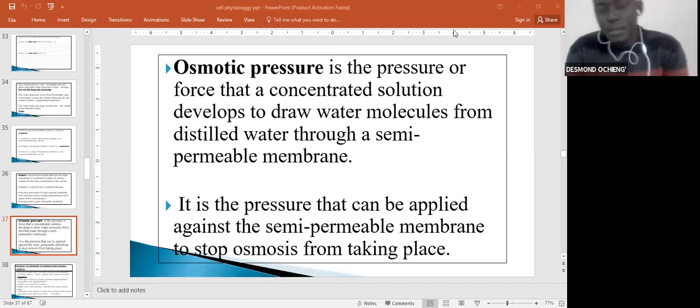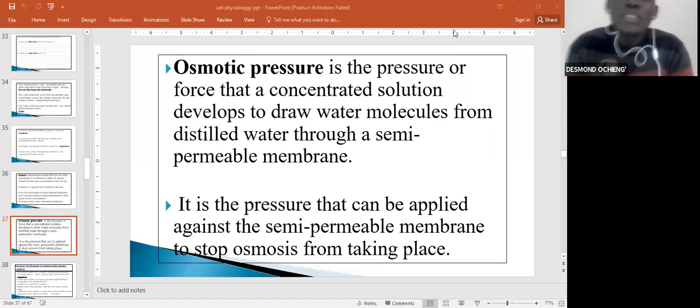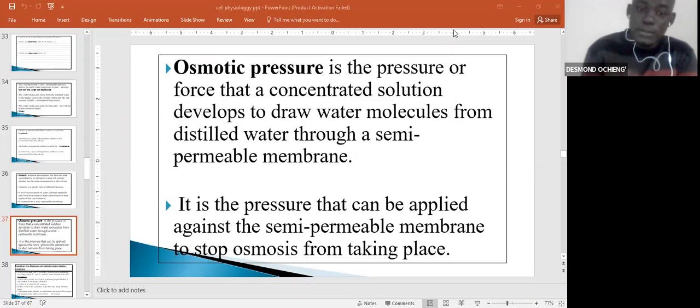When osmosis is taking place, in other words, when water molecules are moving from the lowly concentrated solution, the dilute solution, into the highly concentrated solution, this concentrated solution is the one that develops a pressure. This pressure will perform two functions.